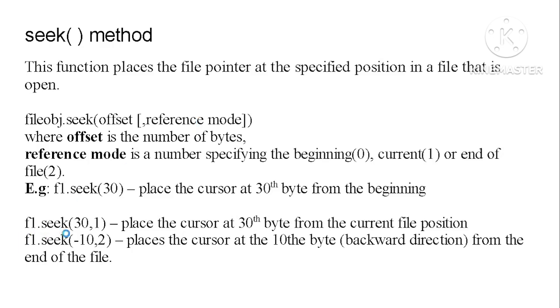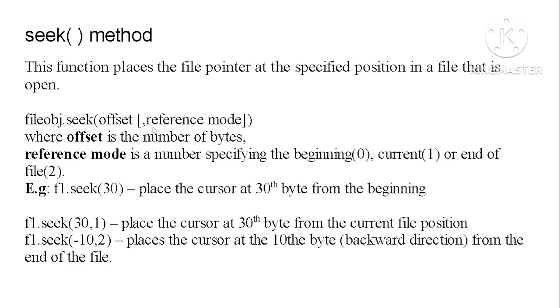When you say f.seek of 30, 1, from the current position, move 30 bytes. When you give f.seek of minus 10, 2, it means from the end of the file, move minus, because you have to go in the opposite direction. Because you reach the end of the file, you cannot go forward. So minus 10. This is how you use the seek method to move your cursor to a particular position.